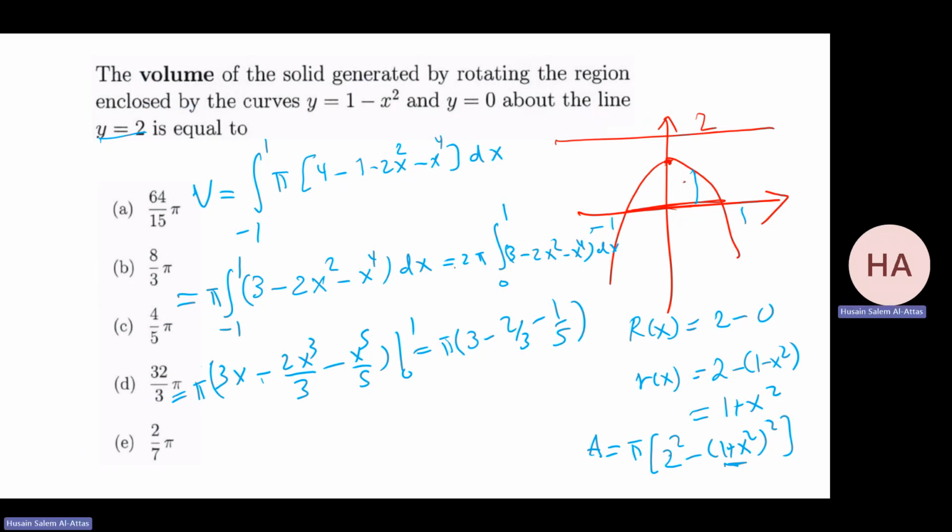Don't forget, I made it from 0 to 1, so there is a 2 here. I missed the 2. That's really 2 pi. That will be over 15, which is 45 minus 5 minus 10, that is 35, minus 3. That will be 2 times 32, 64 pi over 15, which is this.